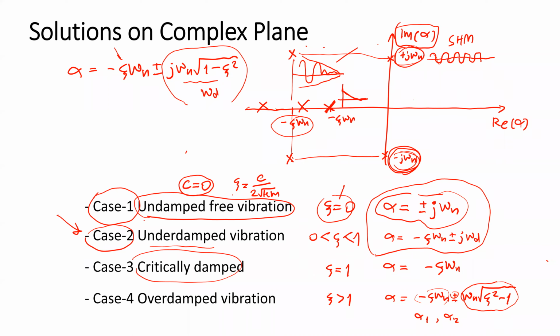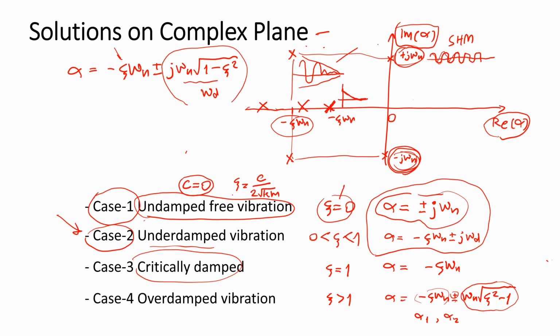The complex conjugate tells us whether the system is going to vibrate or not. How important is the real value? If the real value is 0, it's going to vibrate forever and not stop vibrating.